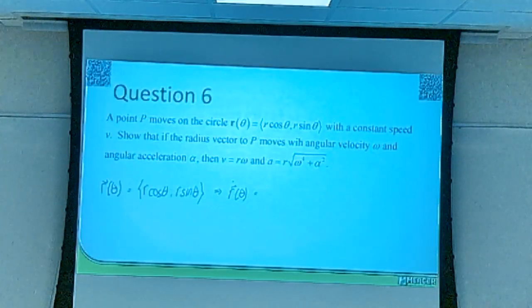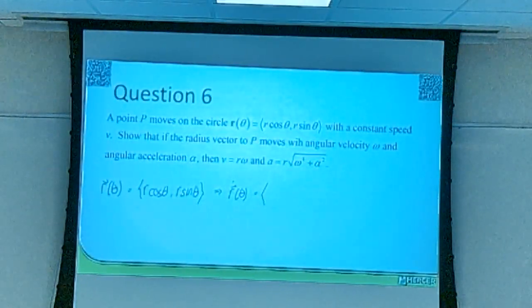So derivative of our position with respect to time.